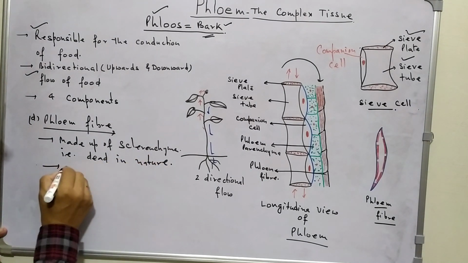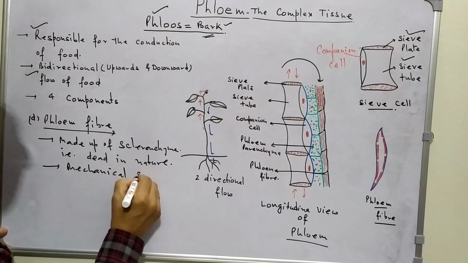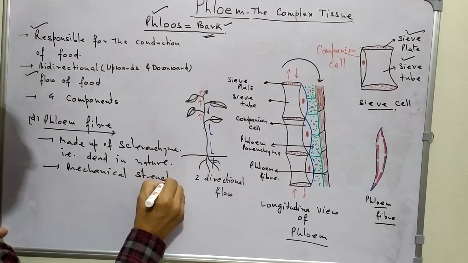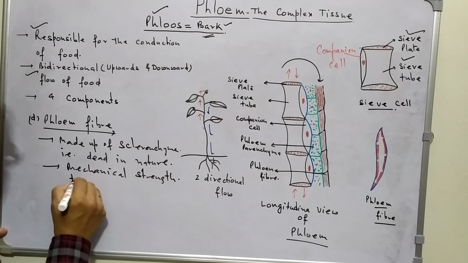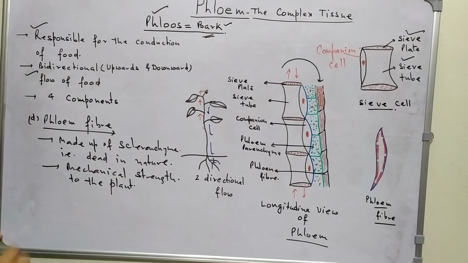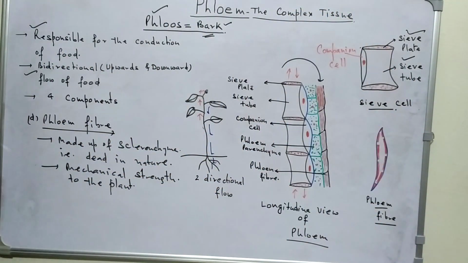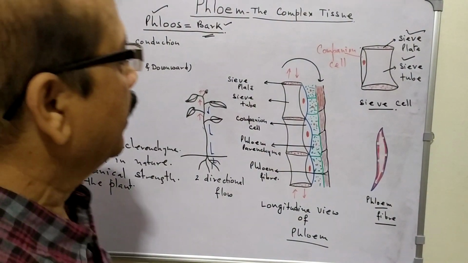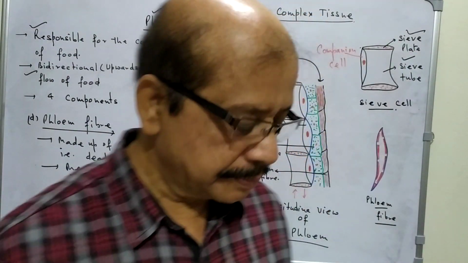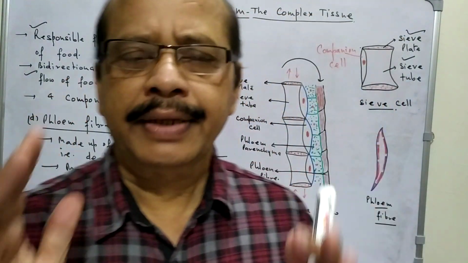They provide mechanical strength to the plant. Apart from this, these fibers are used in making ropes and lower quality textiles also.